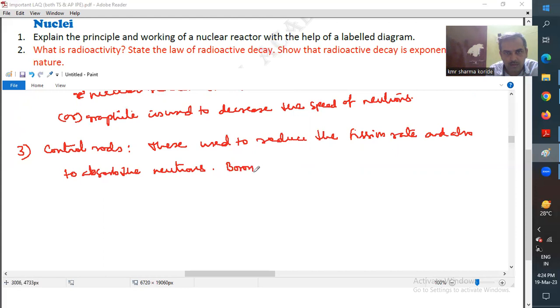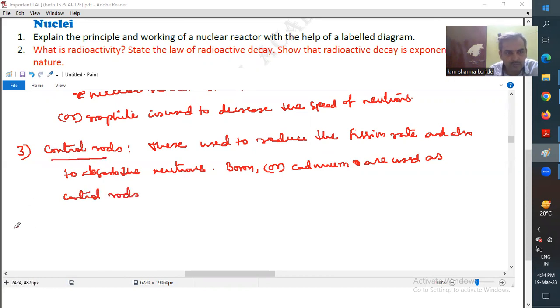Boron or cadmium are used as control rods.